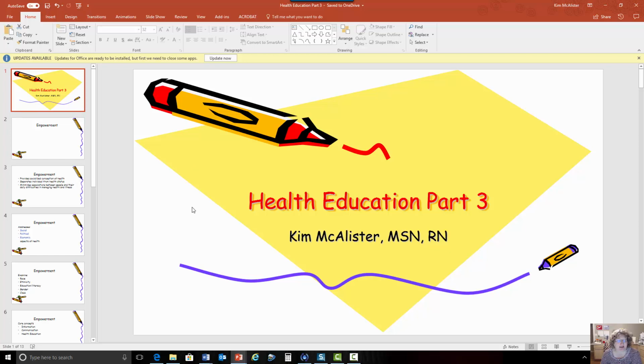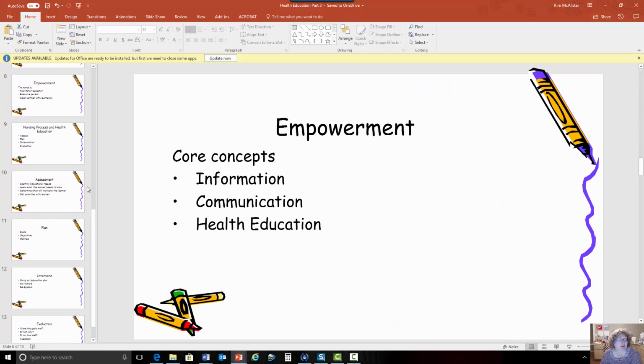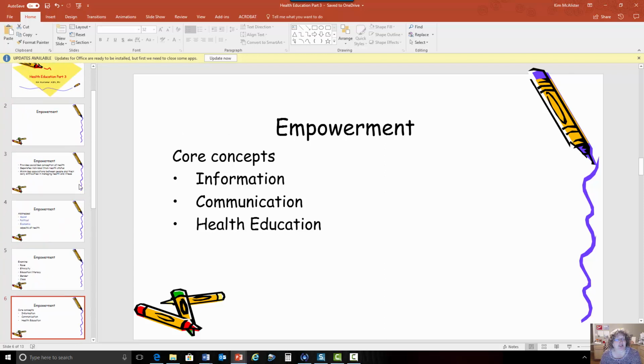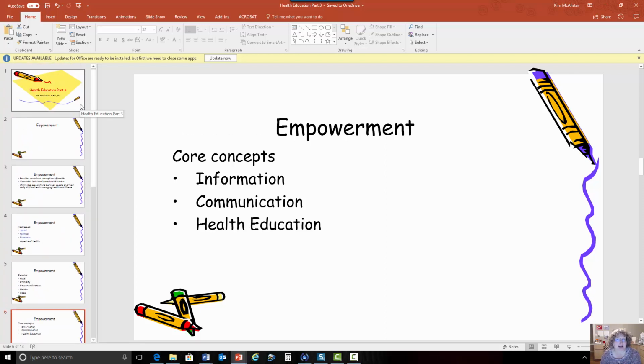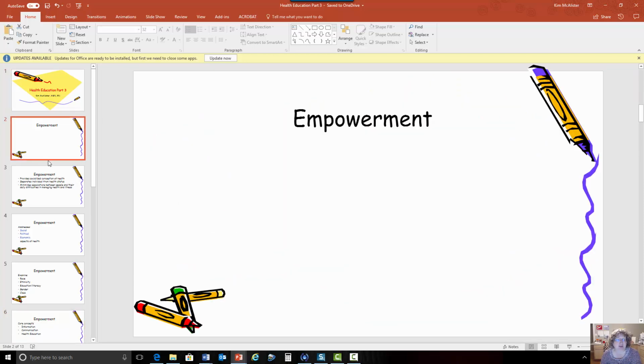We're going to discuss empowerment and also just assessing using the nursing process in health education. So using assessment and intervention, evaluation, and so forth.